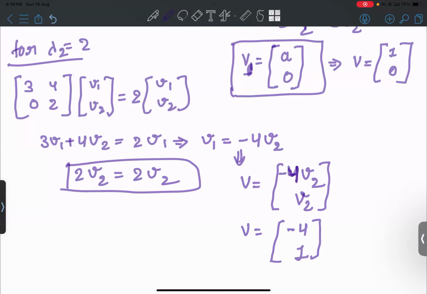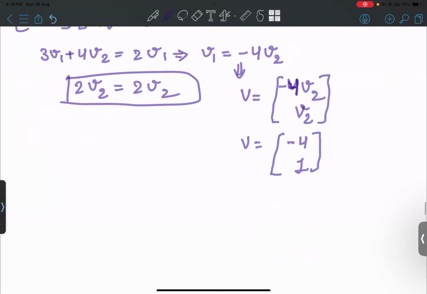If I normalize it, this v will be equal to 1 upon root 17 times minus 4, 1.